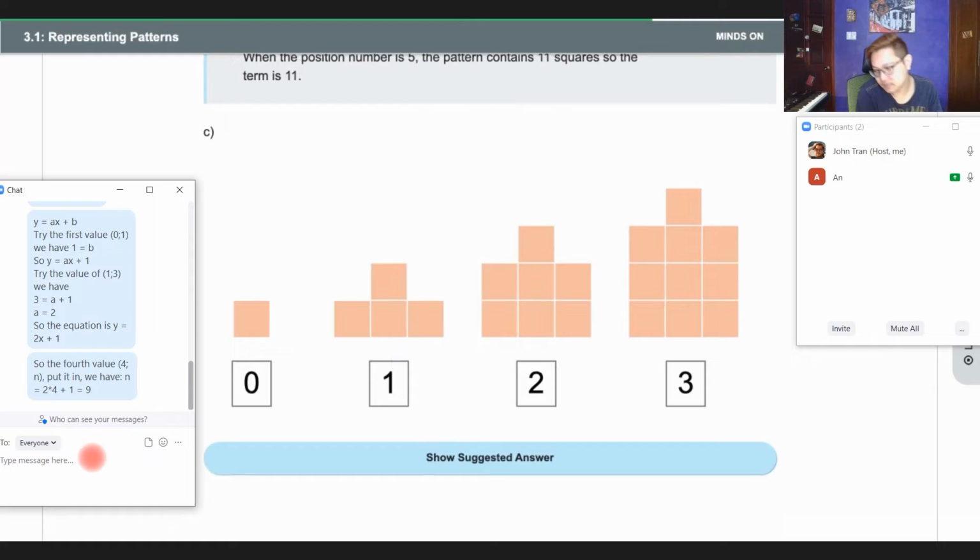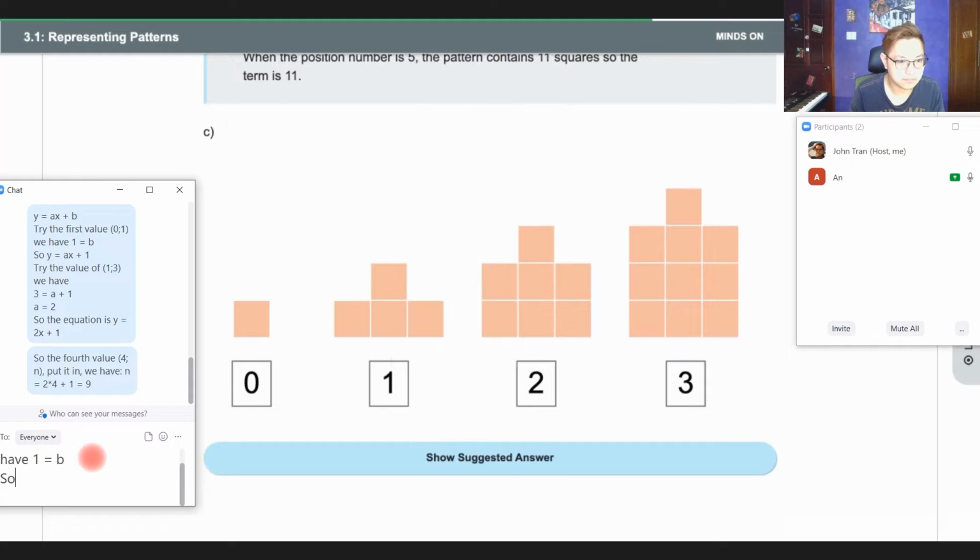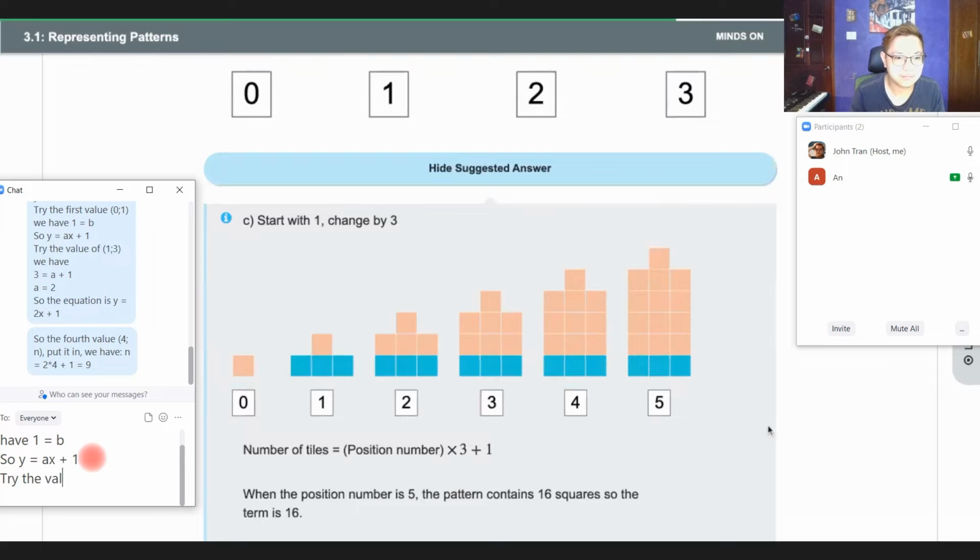So the position number times 3 and plus 1. For the fourth value, 4 times 3 is 12, and then you get 13. The fifth is 5 times 3 is 15, and add 1 you get 16.